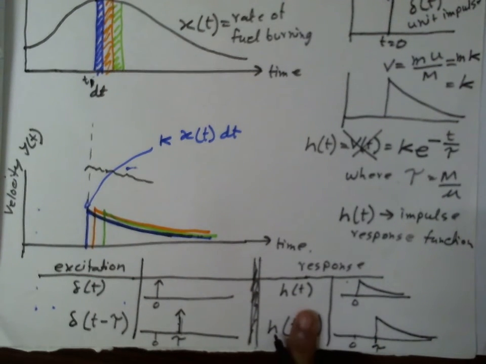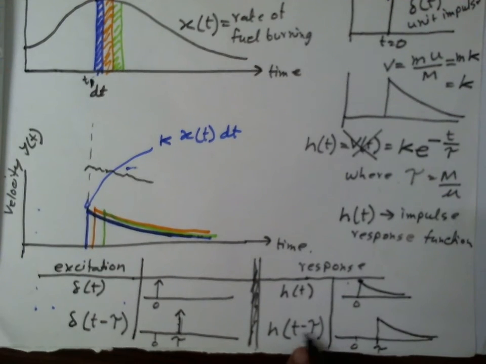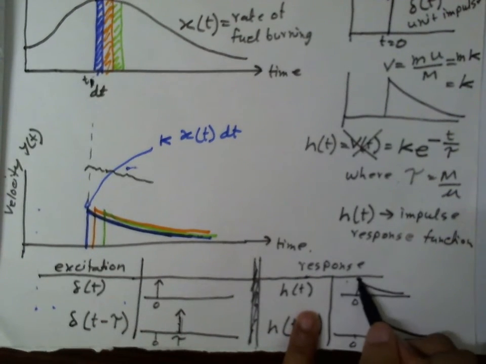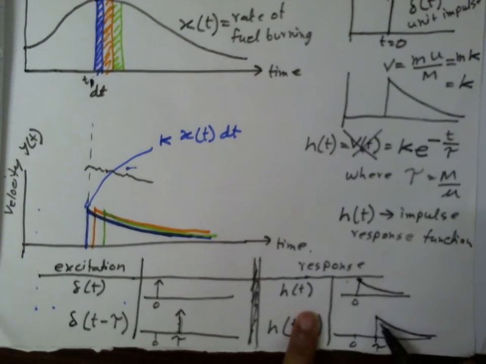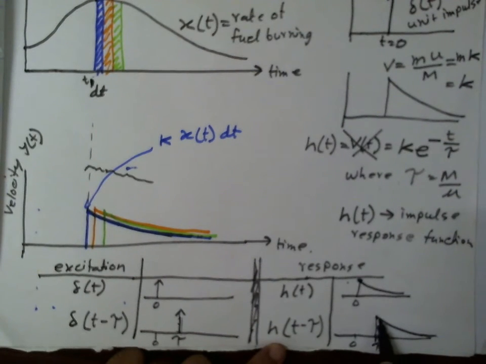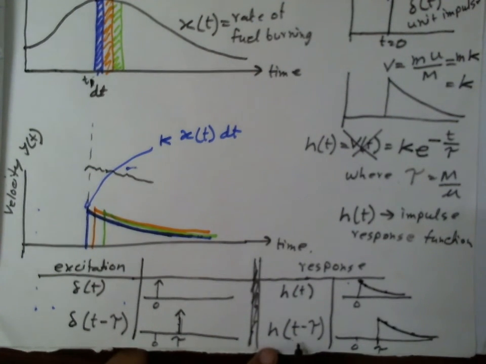So it takes the value of h t for t equal to 0, that means it takes this value, right? So when t is equal to tau, it takes this value. So this point comes here. Similarly, all the points are shifted by tau amount. This point comes here, this point comes here, and so on. So this is h t minus tau.